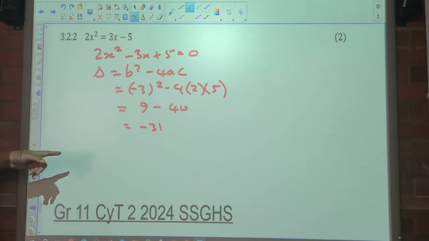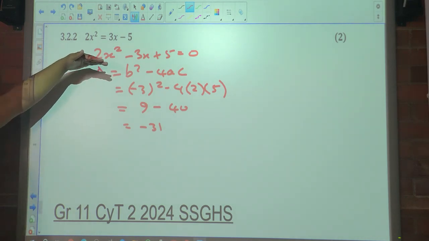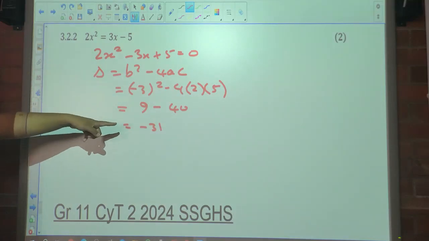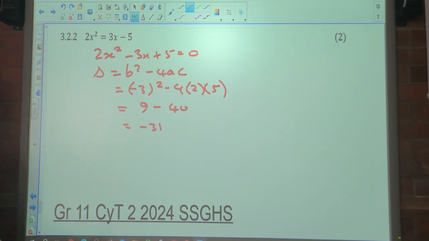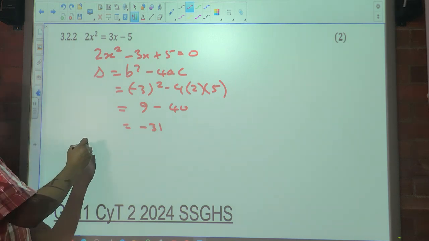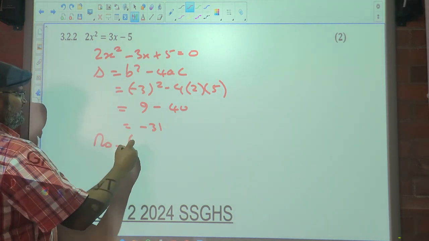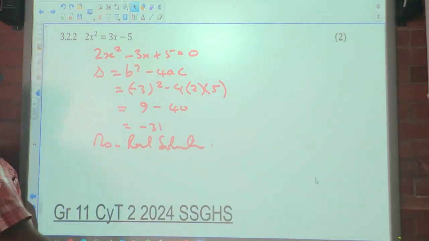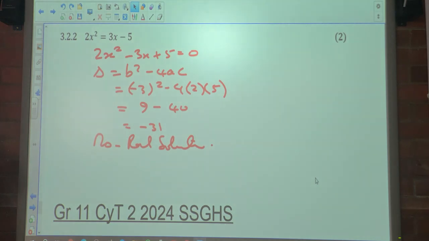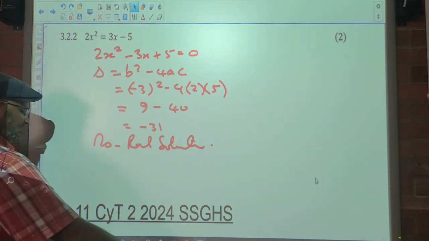So is it a perfect square? No. Only delta is what you're working on. So if this is less than 0, the square root of a negative is imaginary. So, no real solution, or non-real roots. Non-real roots, okay.